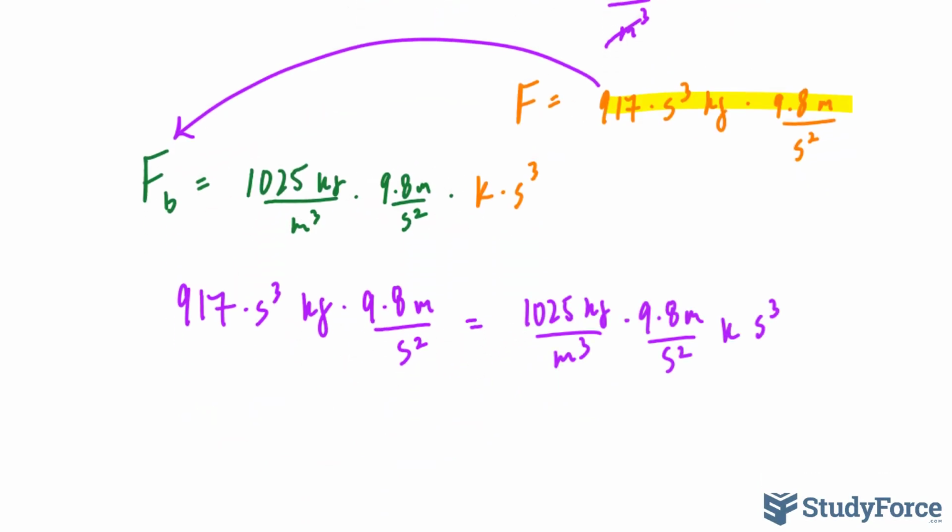Now that we've written it down like this, some very interesting things happen. This factor and that factor will completely cancel out because you have factors on either side. Furthermore, this factor, s to the power of 3, and this factor will also cancel out, leaving us with 917 kilograms on the left side, and on the right side, 1,025 kilograms times k.